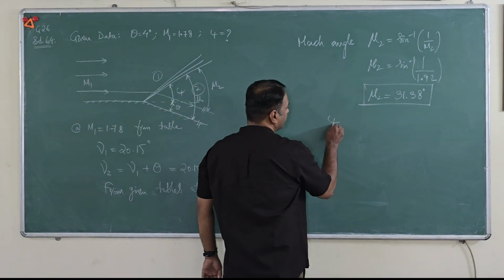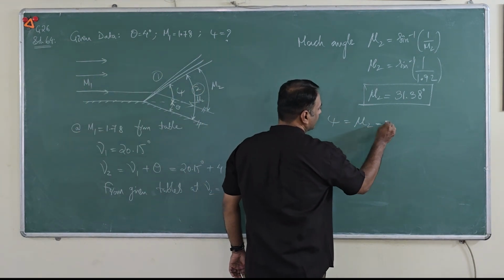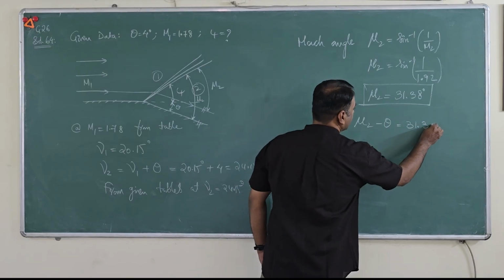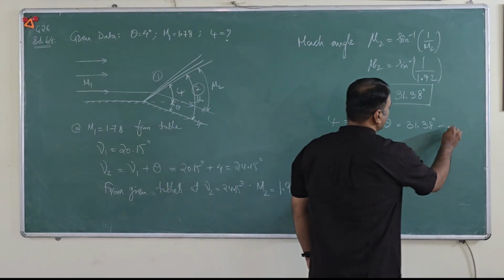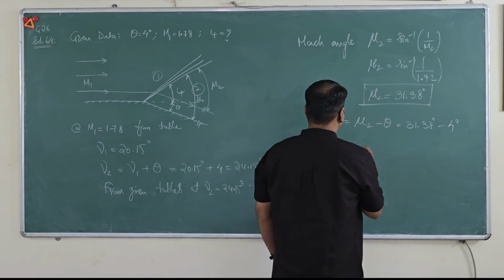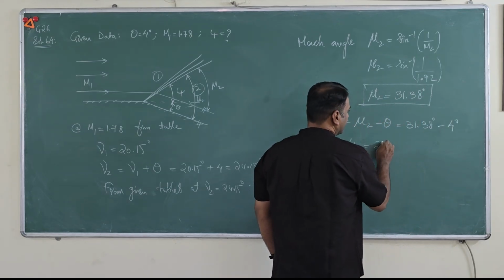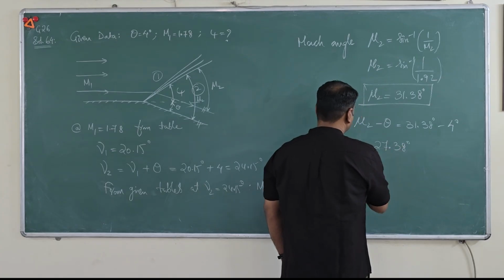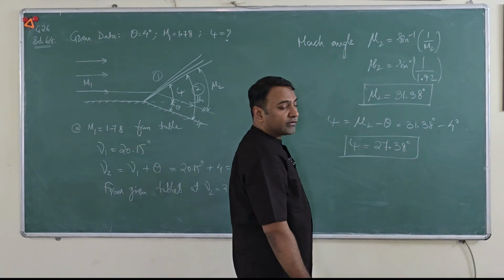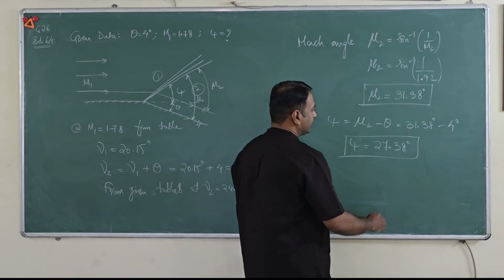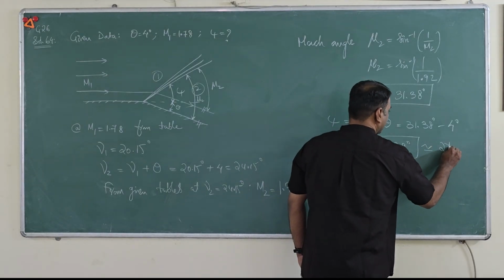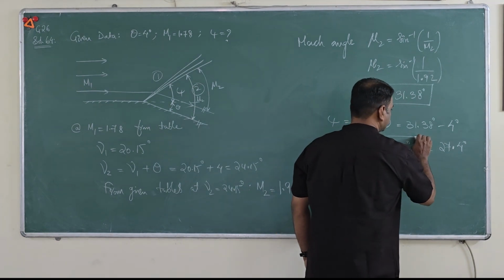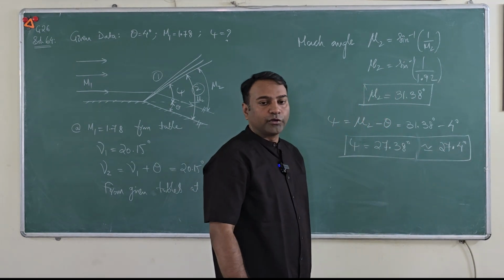So psi will be mu2 minus theta. That is 31.38 degree minus 4 degree. So that will give you psi equals 27.38 degree. They asked us to round off to 1 decimal place. So this is 27.4 degree. Okay, that should be your answer.